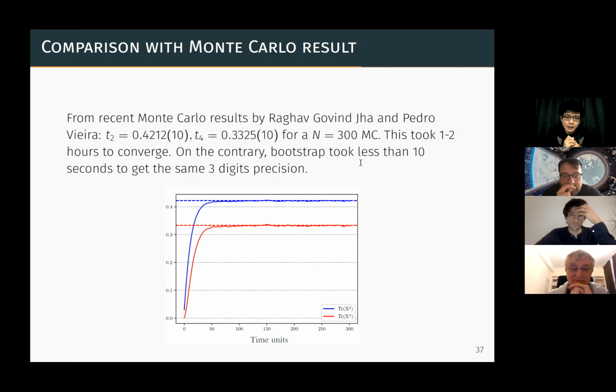On the contrary, the bootstrap method from our code took less than 10 seconds to get the same 3-digit precision as the Monte Carlo result. So we believe this is a very strong signal that bootstrap is a better method than Monte Carlo when we are dealing with larger matrix models.